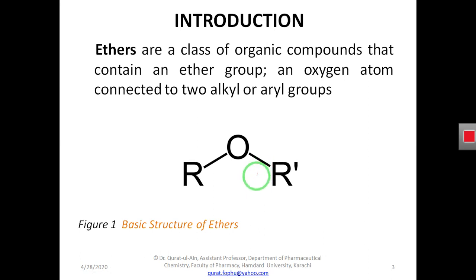All the organic compounds that have an ether group, we call ethers. And organic compounds are those compounds made up of carbon atoms, in which at least one carbon atom is attached to an atom of another element like hydrogen, nitrogen and oxygen.